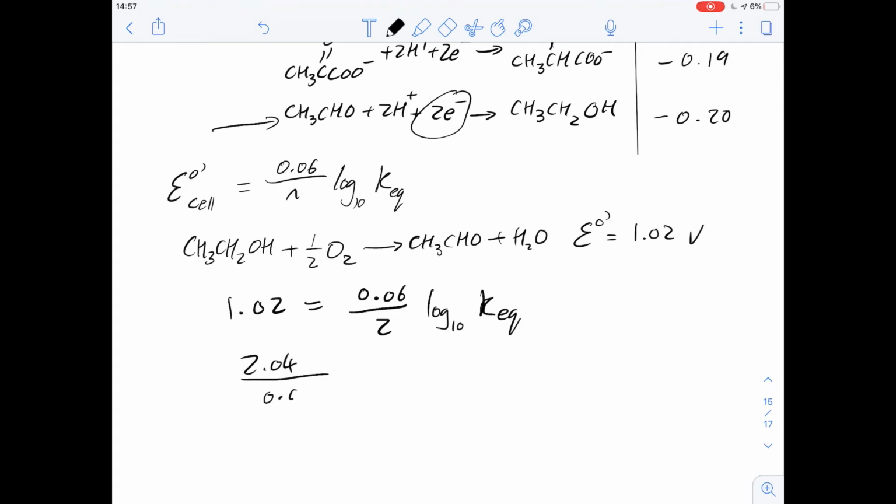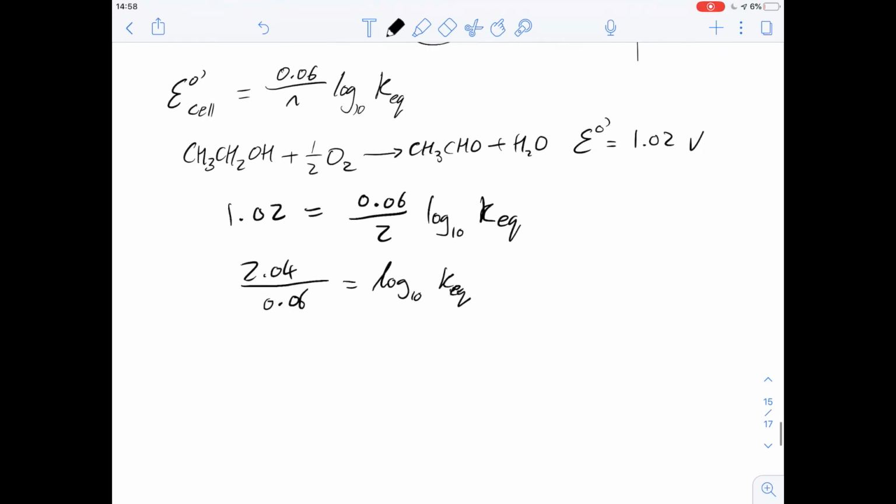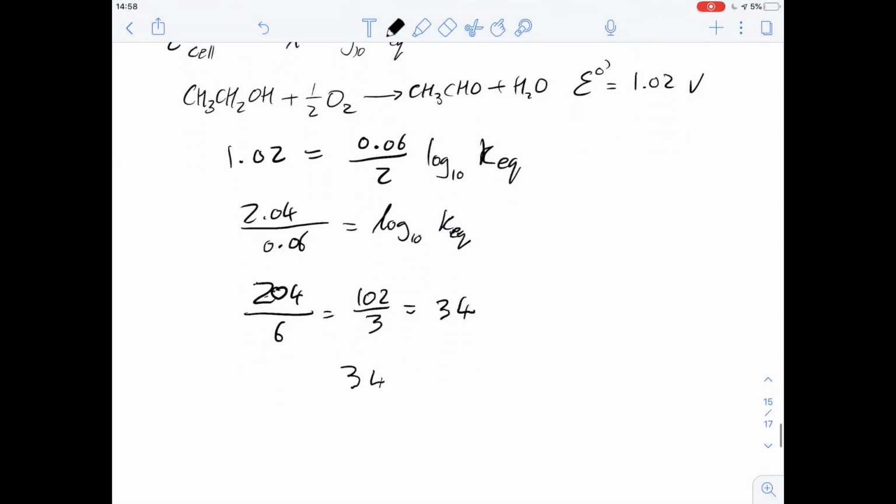We can divide by 0.06 and then we get this line. If we were to simplify this equation, that's the same as 204 over 6, which is 102 over 3, which is going to be 34. So then we have our expression: 34 equals log to the base 10 of Keq.